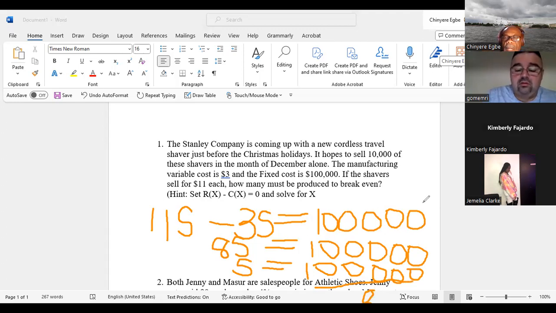All right. And so if you divide 100,000 by 8, you're going to get 12,500. So that means they have to manufacture a minimum of 12,500 shavers in order to break even. That's what it is. Okay.